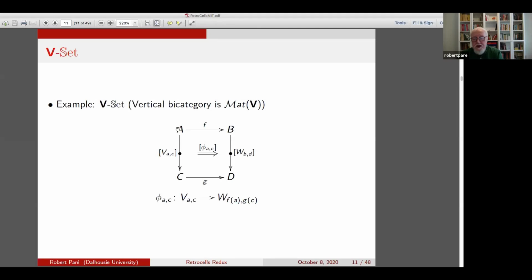An object is a set and a horizontal arrow is a function. So it is a little bit like the category of sets, but then we have these funny fancy relations, if you like.